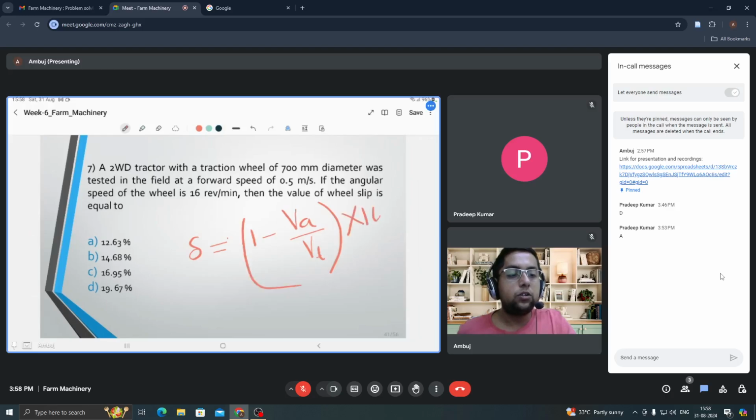Try to calculate. Actual velocity you have been given, you have to calculate the theoretical velocity. Please do calculate it. Try to calculate the slip.